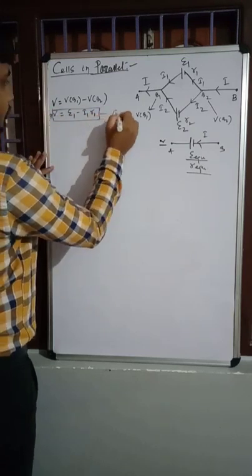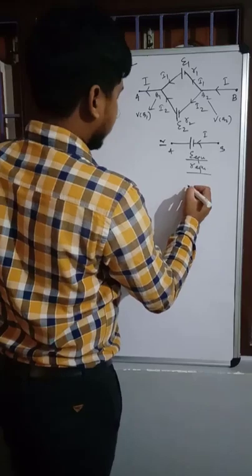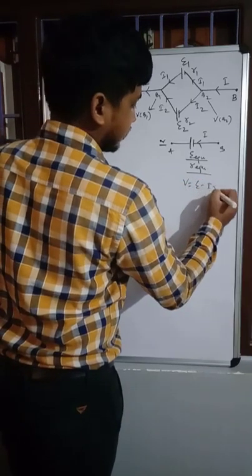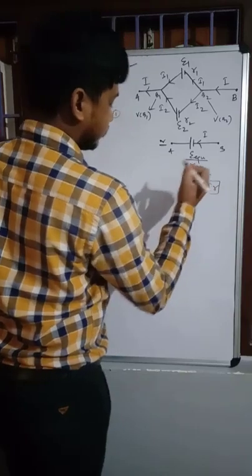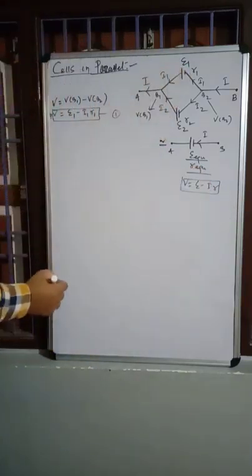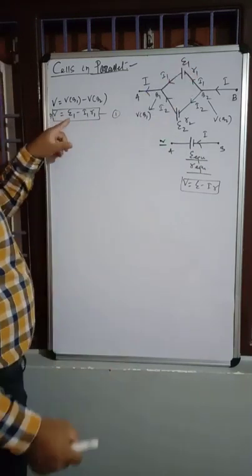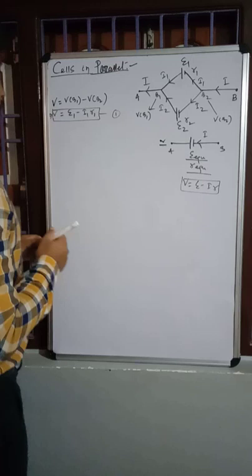Let it be equation number 1. We have to remember this relation, V equal to E minus IR. So in the first cell, the current flowing is I1, the internal resistance is R1, and the EMF is E1. So V equals E1 minus I1 R1.